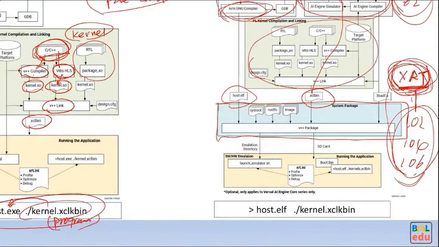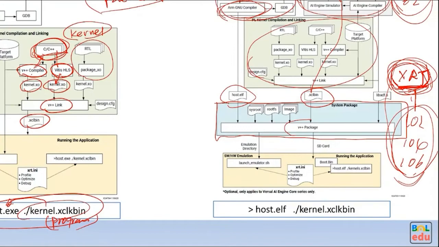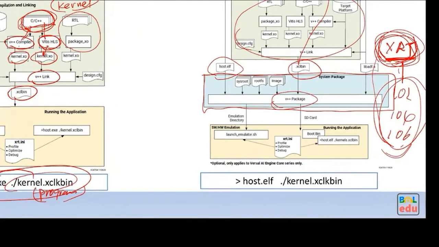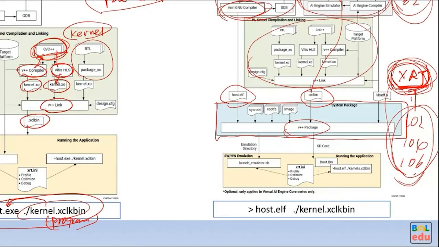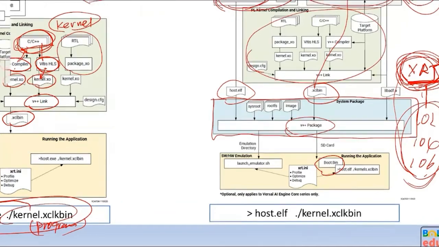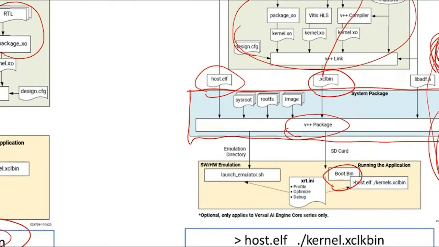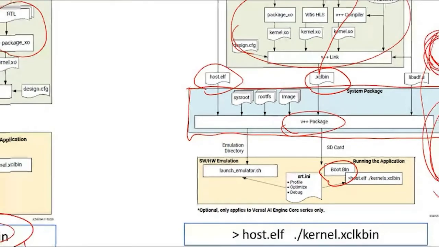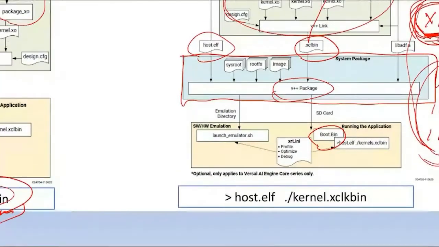It will integrate, package, and generate the boot bin file, and save it on the SD card. So when you boot, it will have the right kernel function library built into the OS kernels. And then when you execute, you execute with this code.